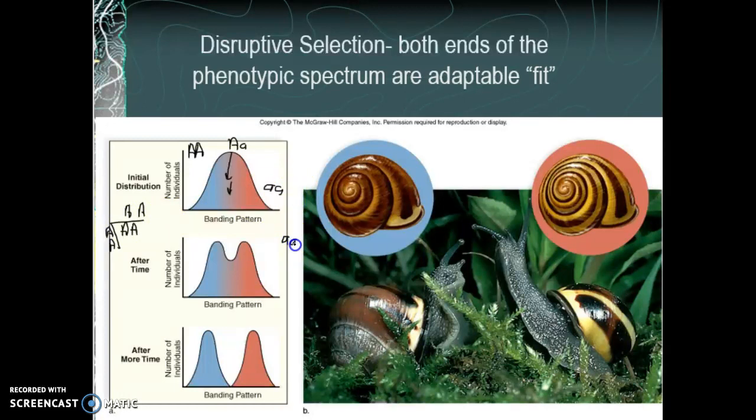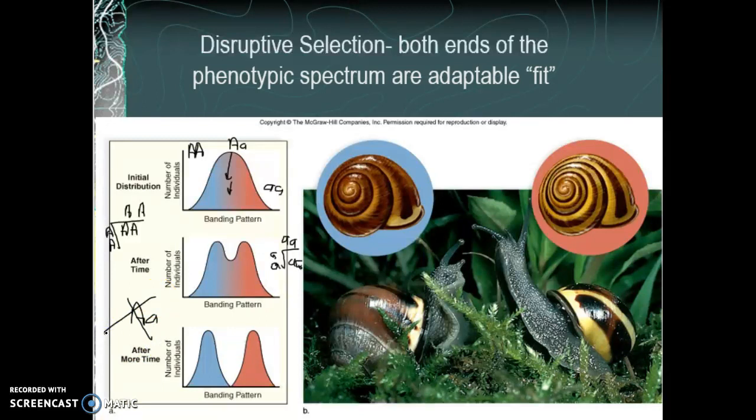If they're reproducing with recessives, then you're going to have all recessive kids. Now, if a recessive and a homozygous dominant reproduce, then you would get heterozygotes. But for whatever reason in this population, the heterozygotes don't survive. They're out of the gene pool.